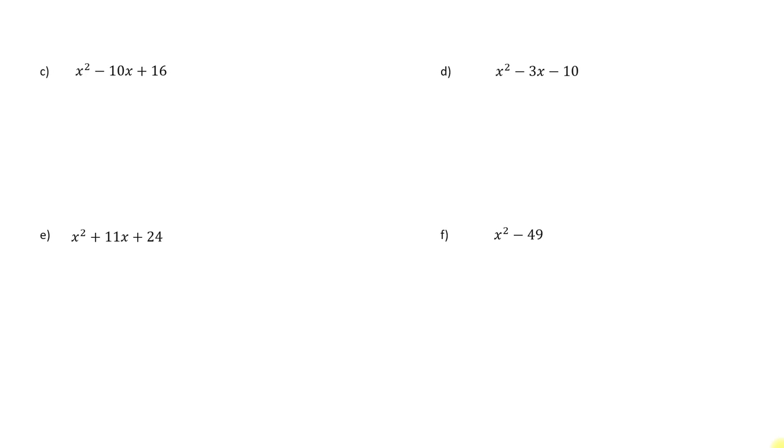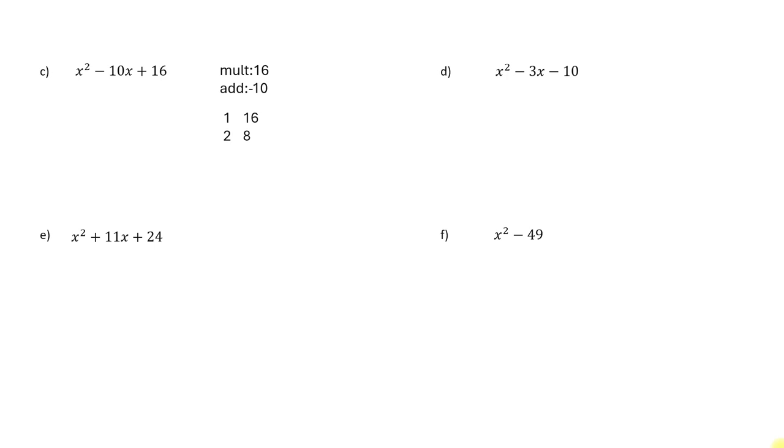Question C, we're looking for two numbers that will multiply together to be 16 and add together to be -10. 1 and 16 won't be any use to us. 2 and 8 can be, with a little modification. 2 times 8 multiplies together to be positive 16, but it doesn't add together to be -10.